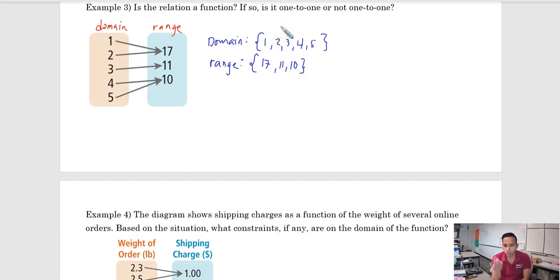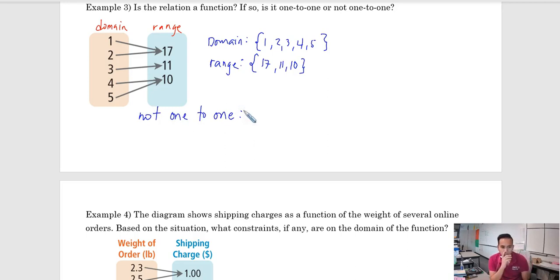Okay, so because more than one element of your domain is partnered to the same element in the range, therefore this is not a one-to-one relation. Since more than one element in the domain maps to a single element in the range, the function is not one-to-one.